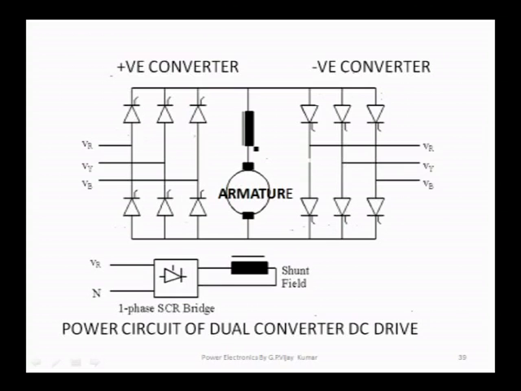In DC drives, normally if you want to reverse the direction of rotation, a reversible drive is required. In such cases, we have to go for a dual converter DC drive. Sometimes when working in generator mode, the power is fed back to the supply, and in such cases also we need to go for a dual converter.